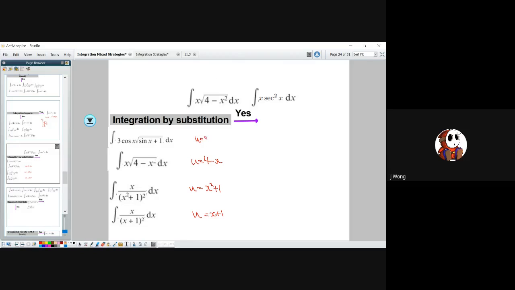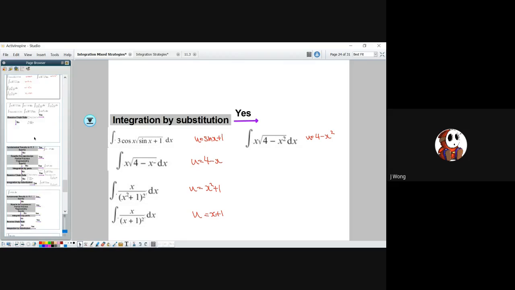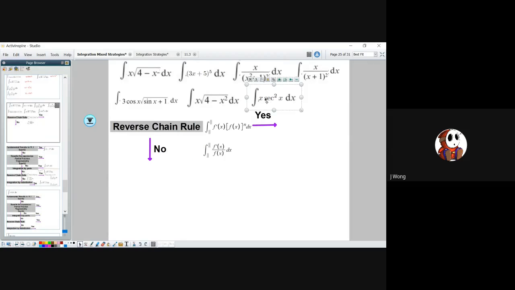So sine x plus 1. And then that one will be u as 4 minus x squared. And yeah, so that's why you could solve all of this using integration by substitution. But if you want it to be quicker, you should be using reverse chain rule for some of it.